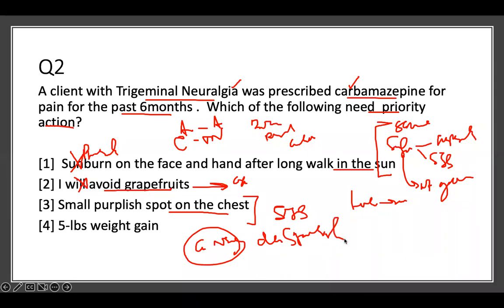Basically, the skin will peel off. This is the toxic syndrome, and the patient will die. So we need to intervene. A 5-pound weight gain is fine. It's not fine, but that is expected. So the problem is number 3, which is a small purplish spot on the chest.